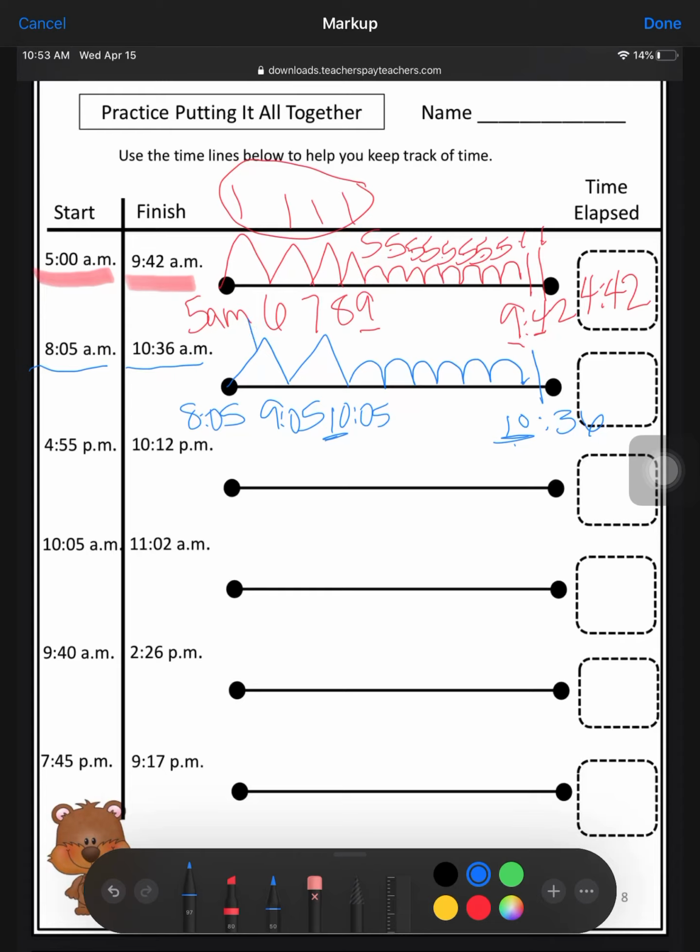So now I have 1 hour, so that's 2 hours, and 5, 10, 15, 20, 25, 30, 31. So 2 hours and 31 minutes of elapsed time.